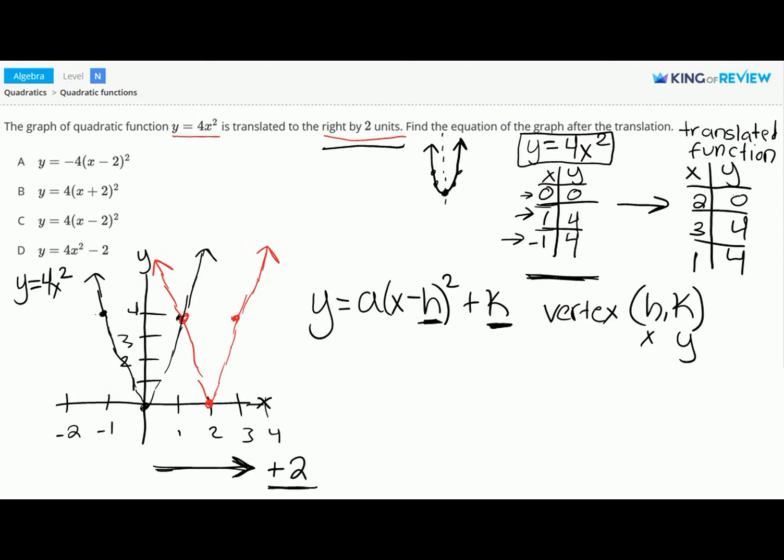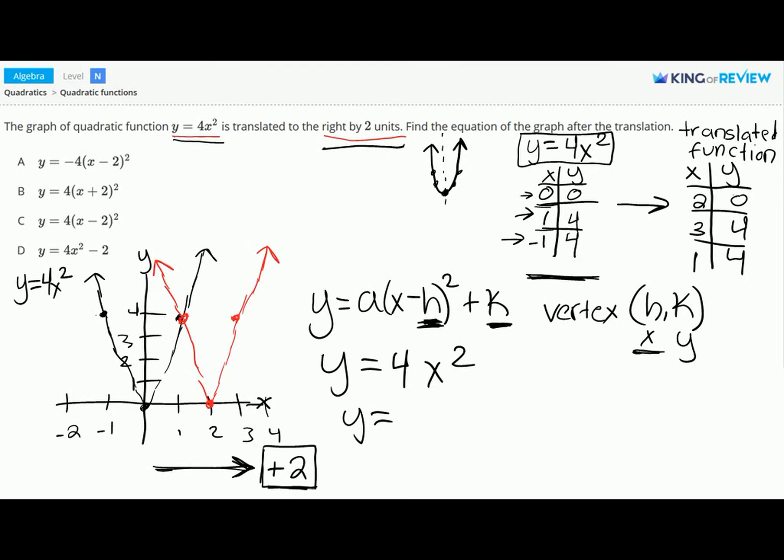So what did we translate? We translated the parent graph, y equals 4x squared, to the right by 2 units. So it increased the x-coordinate by 2. Again, our x-coordinate is the h value. So let's take a look at the parent graph, y equals 4x squared. So if we were to translate this by 2 units to the right, we're going to add 2 to this h value.